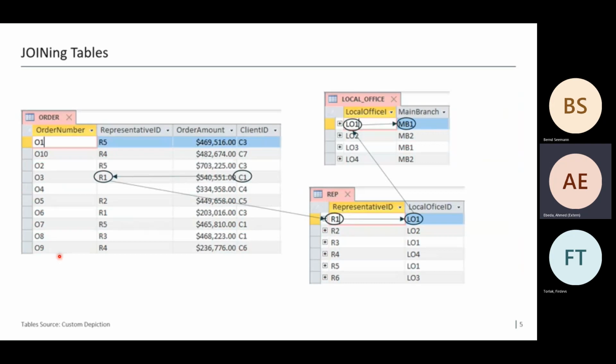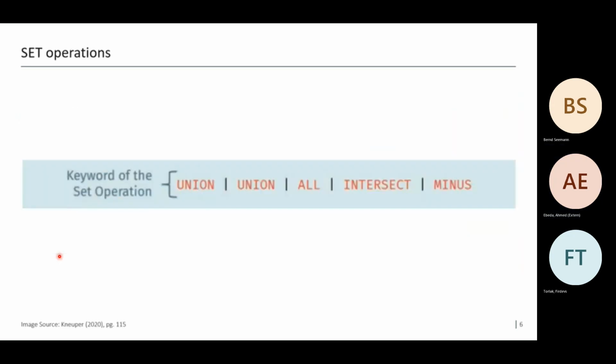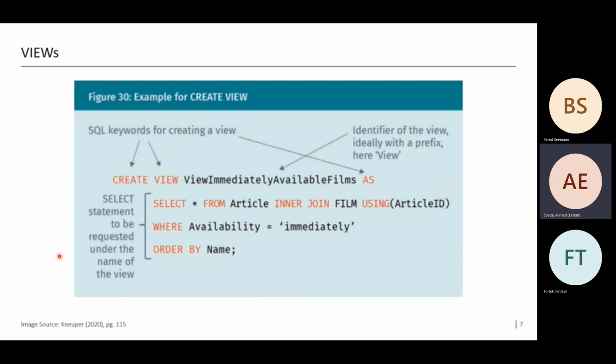In SQL, some queries allow us to create this kind of query, but using join is less complex and more efficient. In this unit, we will also look at the set operations: union, union all, intersect, and minus. We will also see the views that are used to simplify the creation of complex queries.